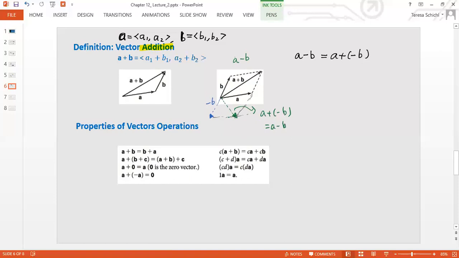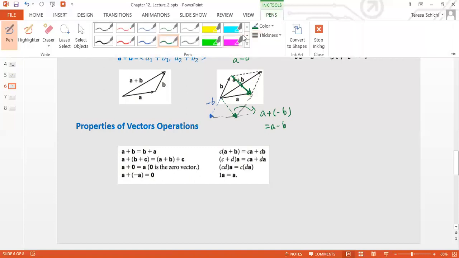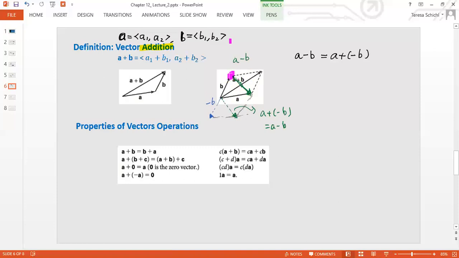And then if you move this one up here, it's parallel, so this one is equivalent to this one, like we talked about with position vectors. You're just moving it up. So this one and this one have the same direction and same length. That is why the other diagonal is A minus B. The key thing here with A minus B is which direction it goes. So that's why you need to be careful: the initial point starts at the one that is being subtracted.